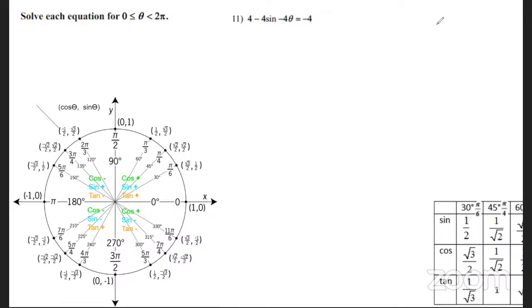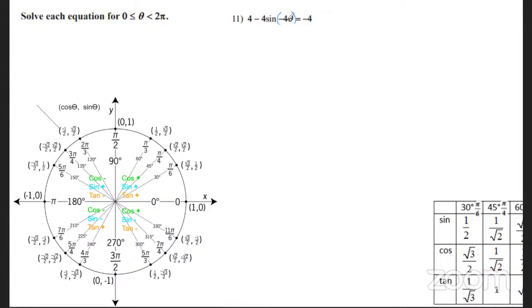All right, number 11. Now, this one's a little different than the ones we've looked at in the past because it has what I call an inside change. It's happening inside some parentheses, even though they may not be written on your worksheet. Because this 4 is being multiplied by theta before the sine function is applied to it, this is happening first.